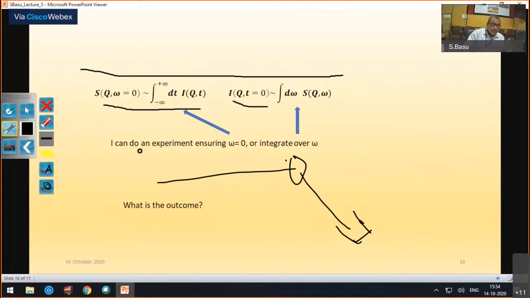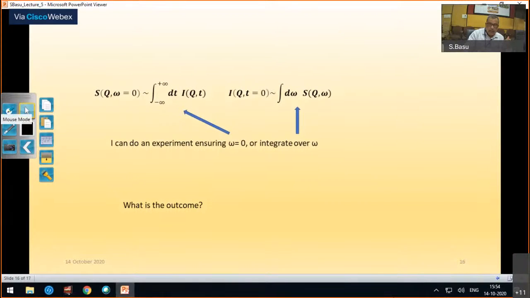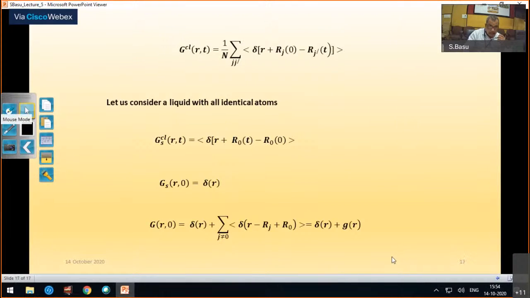I will try to go through quickly and tell you what are the other properties of the correlation function. I will not load you with the quantum mechanical treatment of G of RT, because then I cannot take the commutability of Rj and Rj prime in my system and I have to do very elaborate algebra to bring that in.